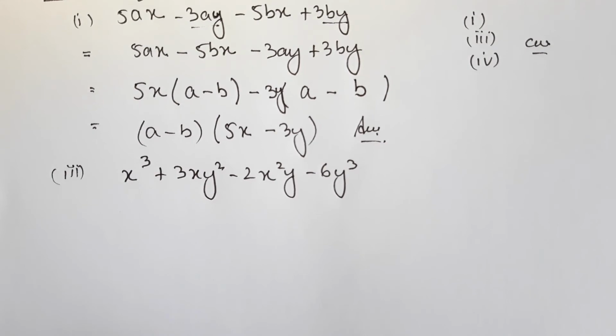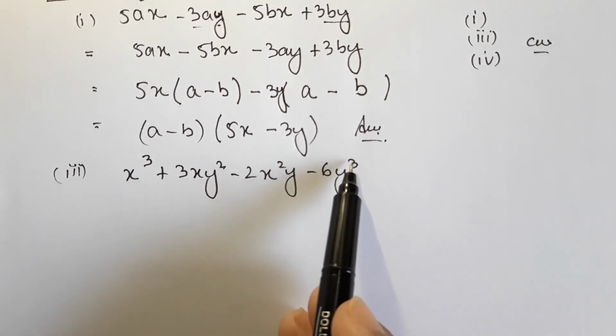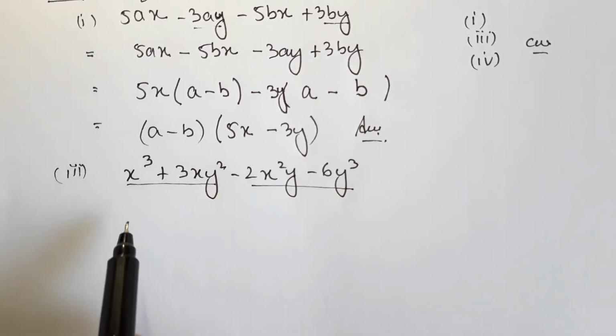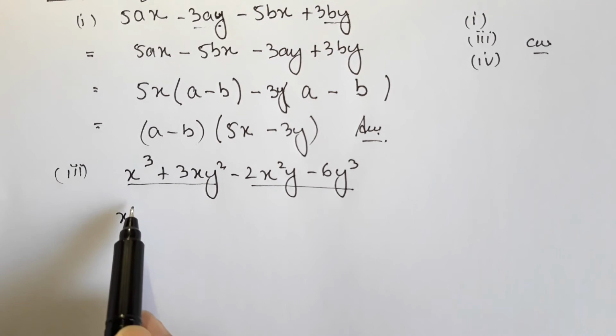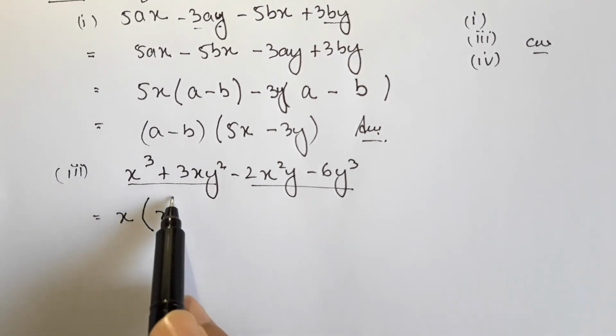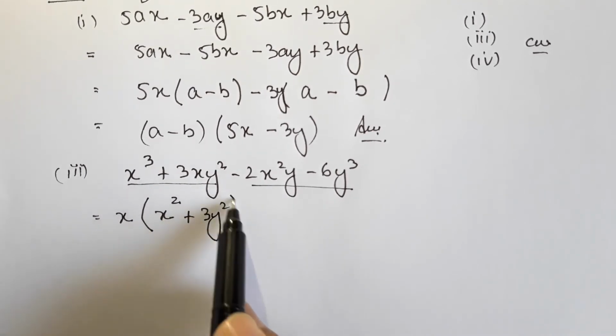Now I am going to take common among the first two terms and from the last two terms. Here x is common and the remaining values are x square plus 3y square.